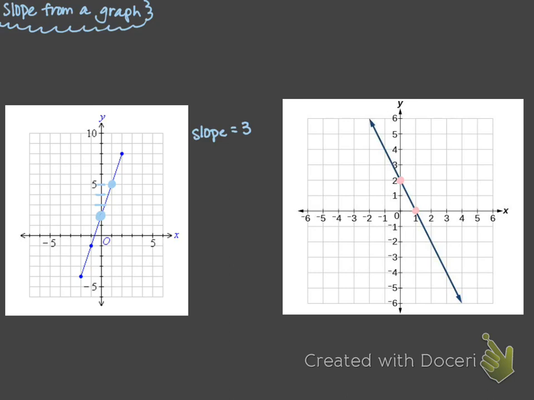All right, once again, we want to look, how do we get from one point to the very, very next point? And in this case, we are actually going down 2 units. So because we are going down 2 units, our slope for this guy is going to equal -2. So our slope is going to tell us how do we get from one point to the very, very next point.